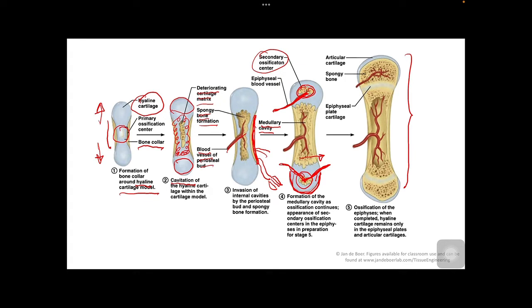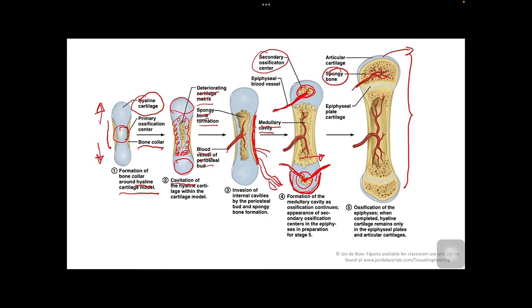Over time, there is going to be a larger, more mature bone, and these ossification centers are going to be filled with spongy bone, filled with blood vessels, and the articular cartilage.